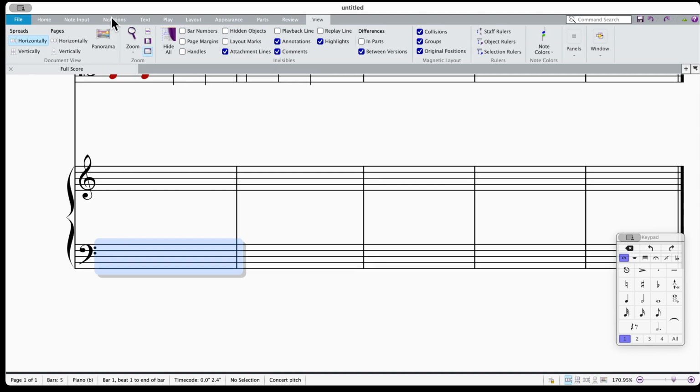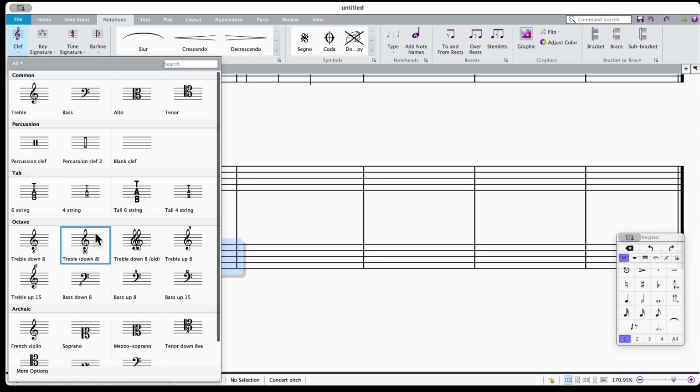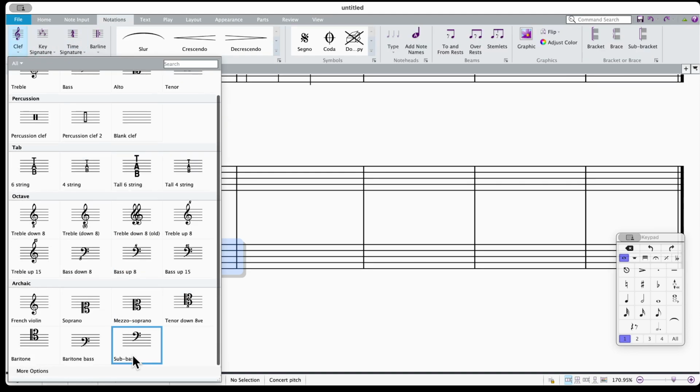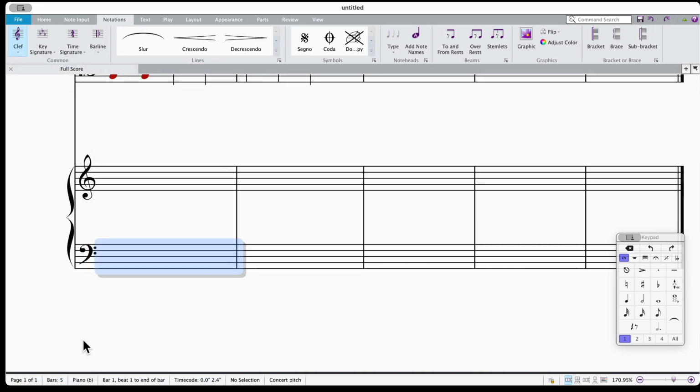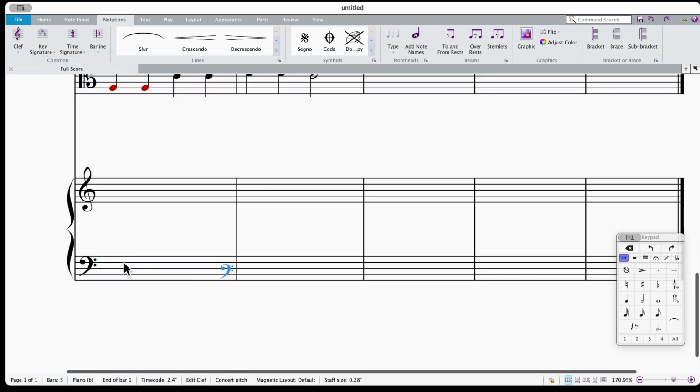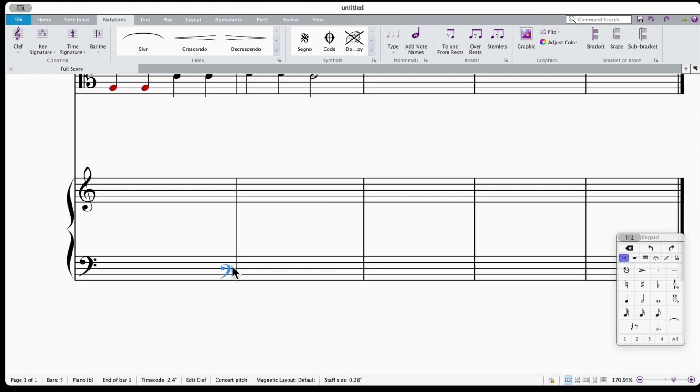In fact, Sibelius here, my notation program, has a few of those in it, and we could turn it into a baritone clef right here. The dots are on either side of, well, it's still called the F clef, so that would be the F. So the third line would be the F in this case. Our most used one here, the typical bass clef that we see, is on the 4th line, and that is the F below middle C.